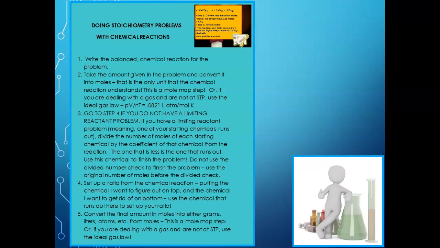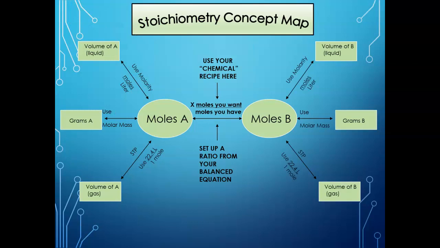It's starting in moles typically, and then we either need to convert it to grams or liters or atoms. Whatever we are asked to do for the problem, this is our mole map step. So this is what we have for our stoichiometry concept map. This is our recipe of how to solve this problem, and we are going to be using this frequently.